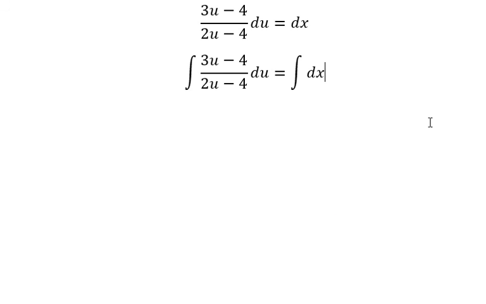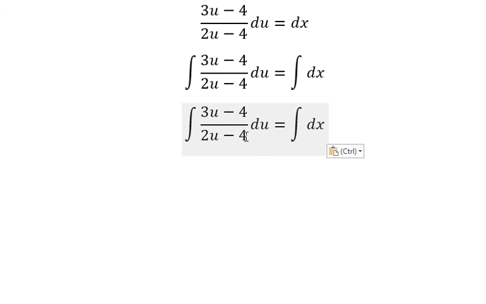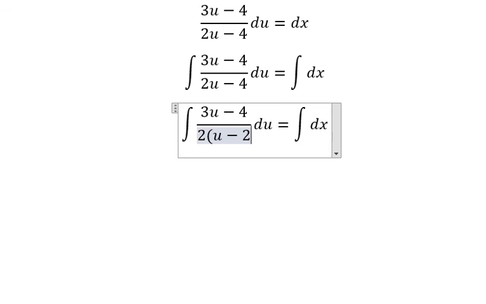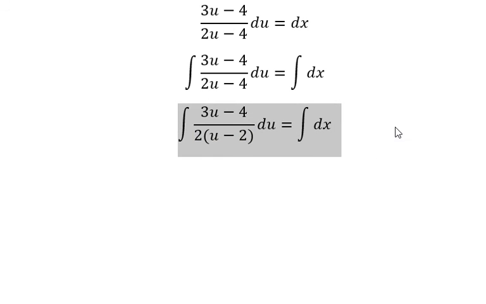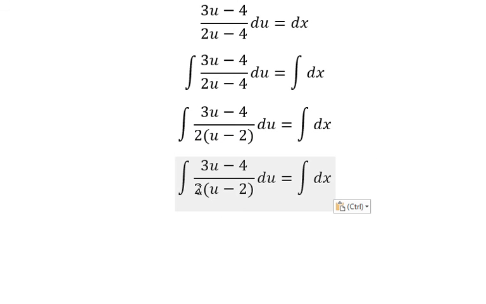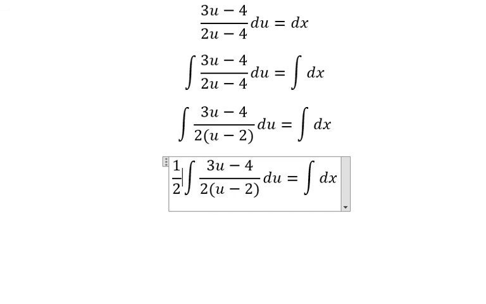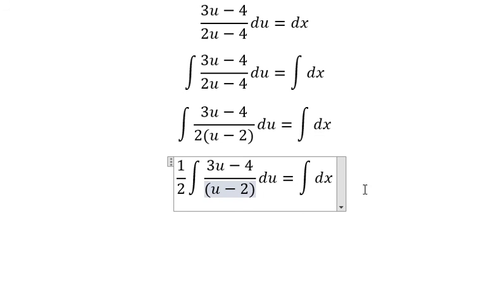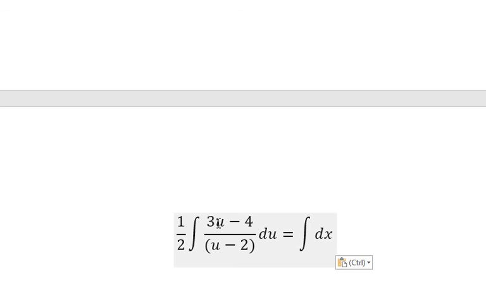Next, number 2, number 4, we can do factorization. You have u minus 2. So I will put number 2 outside. Now, I need to create the factor to divide by u minus 2.